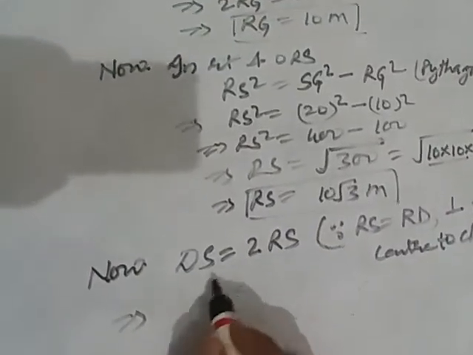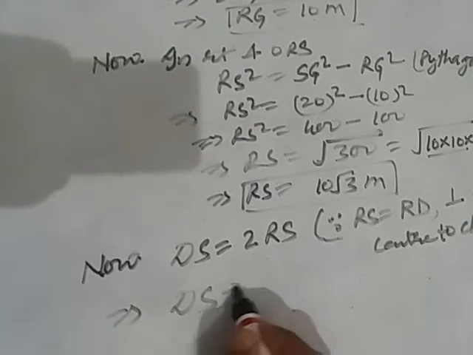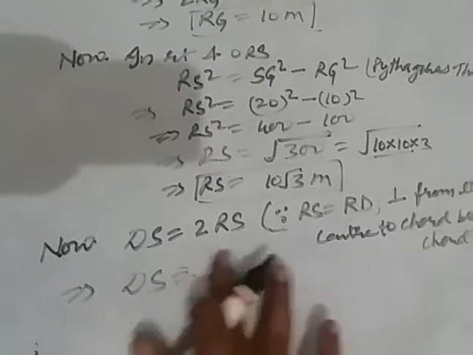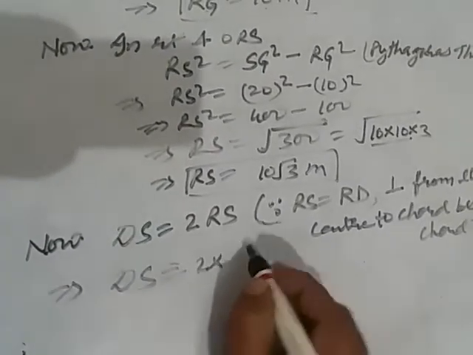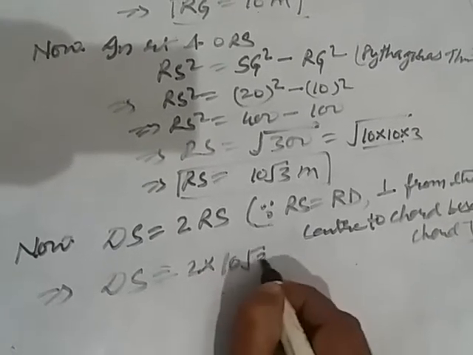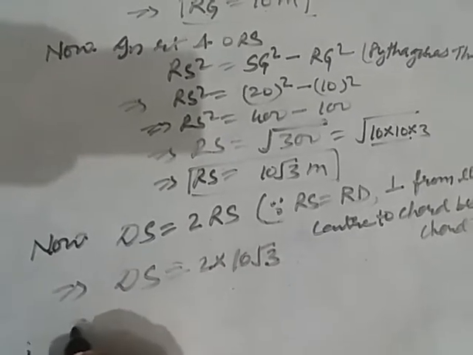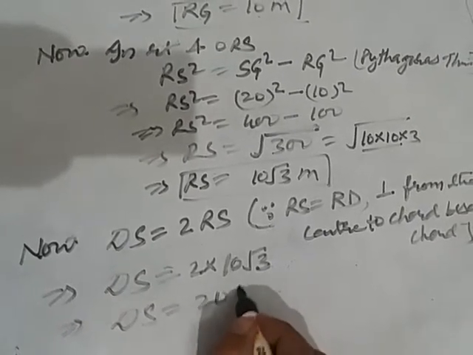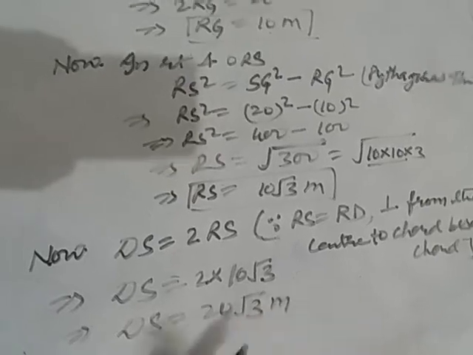Okay children, this implies that DS equals 2 into RS, and RS we have found out to be 10 root 3. This implies that DS equals 20 root 3 meter.